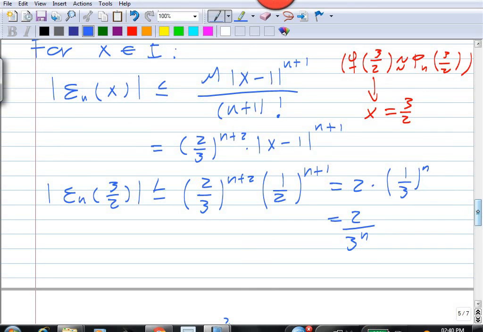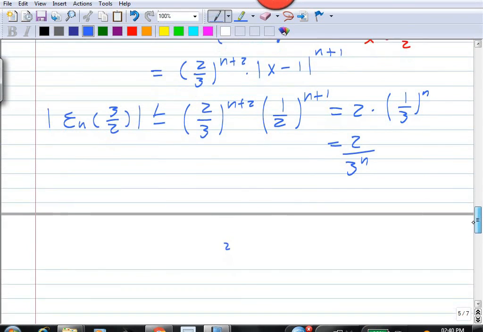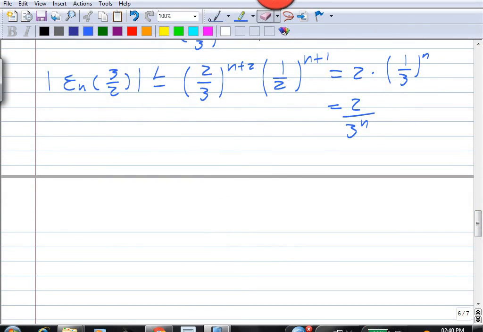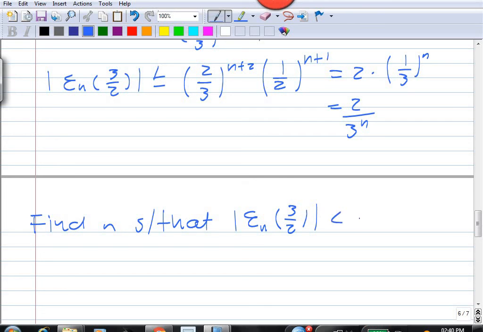Now, how do we use this error estimate? Recall, what do we want to do? We want to find n such that the error at 3 over 2 is less than 10 to the minus 4. Now what do we know?